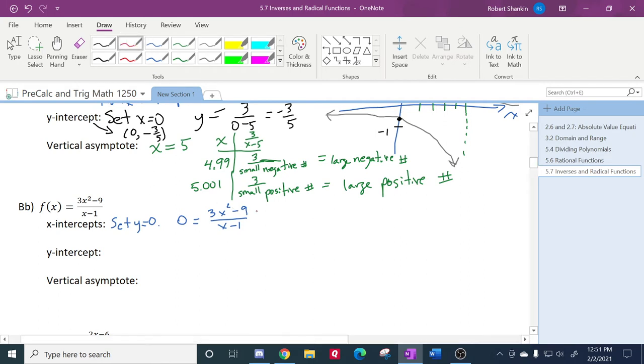Or I could do this: multiply both sides by what's in the denominator. And this and this cancel out. But 0 times anything is 0. And you get 0 equals 3x squared minus 9. Now, I want to solve this now. I'm going to factor out a 3.